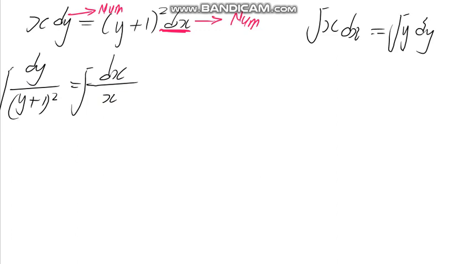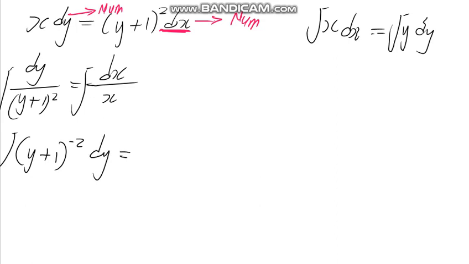Remember, the moment you see dy or dx, it means integration. We're going to integrate the left hand side, but before you can integrate it, you have to put it in exponential form, in its simplest form. So you have (y plus 1) to the power minus 2 dy.